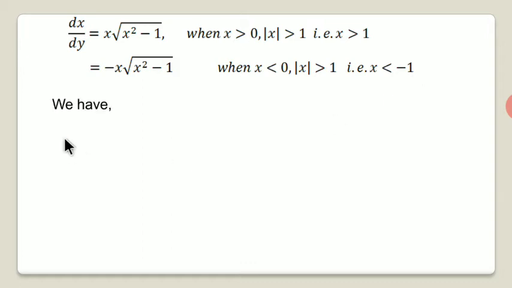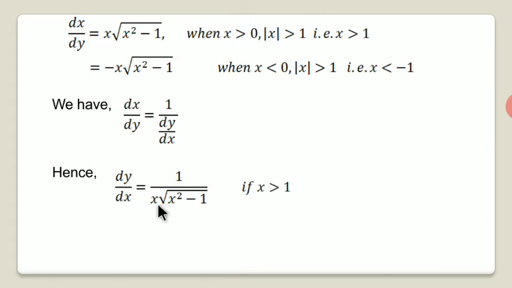And hence by using dx upon dy is equal to 1 upon dy by dx, we get dy by dx is equal to 1 upon x into square root x square minus 1 if x is greater than 1, and it is equal to minus 1 upon x into square root of x square minus 1 if x is less than minus 1. Here we get the derivative of sec inverse x.